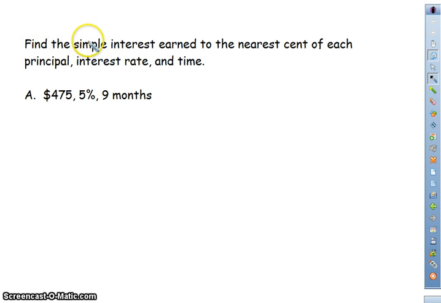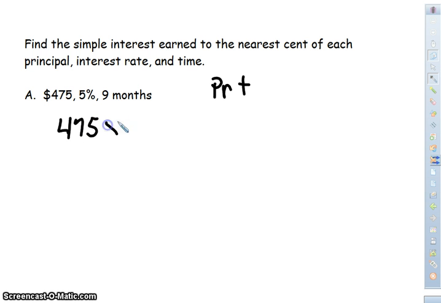And our last question, find the simple interest. Again, that is PRT, principal rate and time, and $475 times 0.05. You got to make sure that percent's written as a decimal, times 9 months, so it's 9 out of 12.